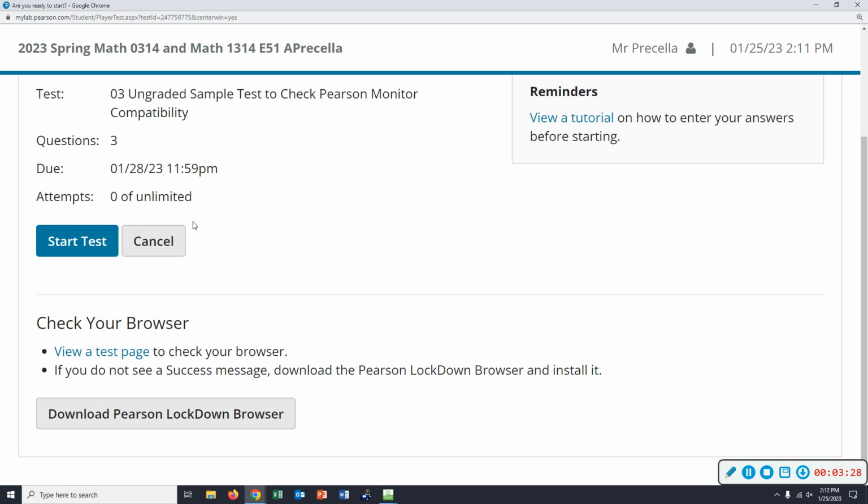If you're using a Chromebook or some computer that won't run the Pearson monitor system, then you'll take your test the old-fashioned way. By that I mean here in the classroom with me monitoring you in person rather than the webcam monitoring you, okay? We'll announce days that are designed for Chromebook tests or whatever computer you're using.